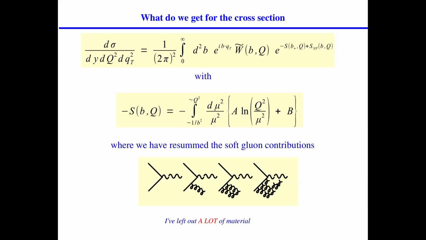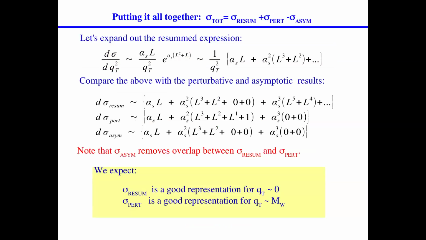So again, I think I should have dropped an alpha in there. But basically, this is the L squared plus L, and that's what I use in that cartoon notation. And so what we've succeeded in doing is summing this infinite set of gluons in a manner that is well controlled and perturbatively good. And I've left out a lot of material, and to say a lot, I think that's an understatement.